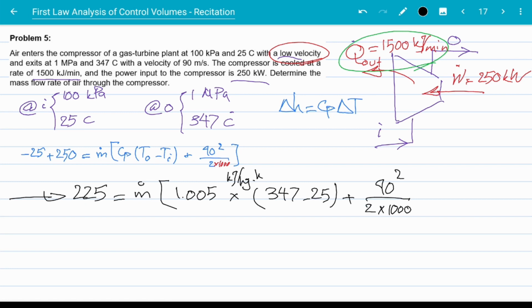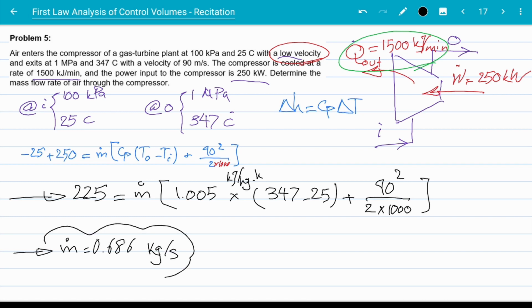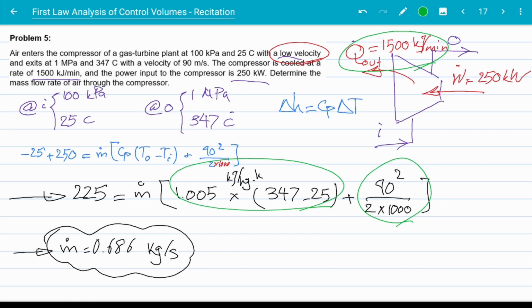Now, if you do the math, you will get 0.686 kilograms per second. Again, the difference between the change of kinetic energy and the change of enthalpy of your gas is too much, and it is safe to neglect the kinetic energy here in comparison to the change of enthalpy of the gas.